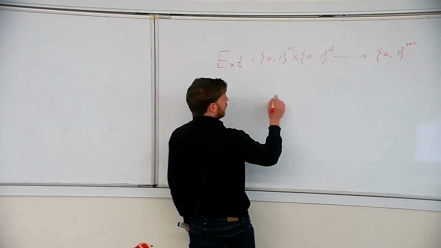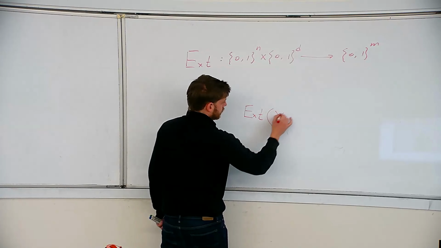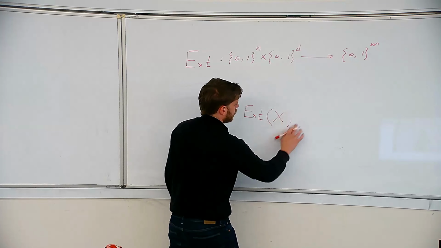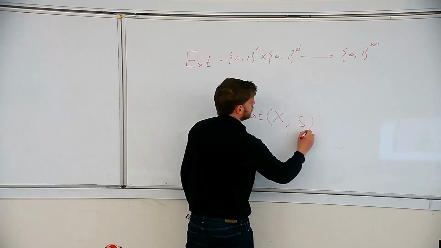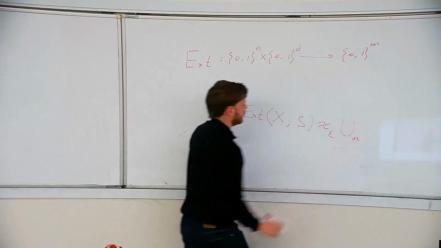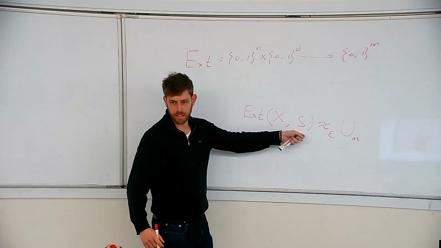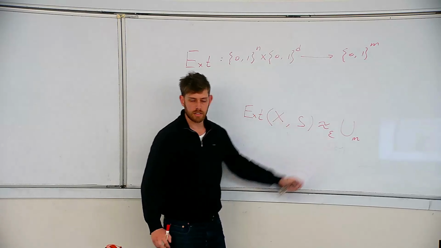Okay, we want the extractor applied to X with a seed to be approximately uniform on n bits. So I need to say what X and S are. X is a source.